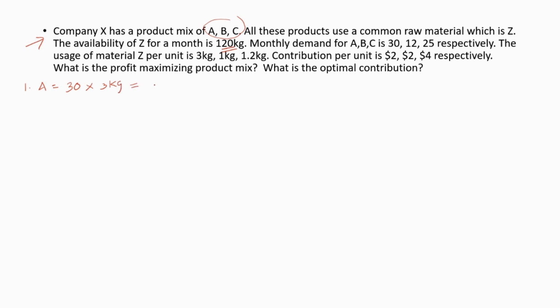So the company needs 90 kilograms of raw material Z in order to meet the demand for product A.